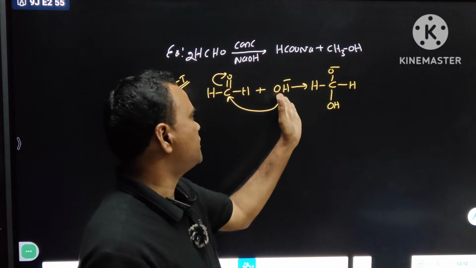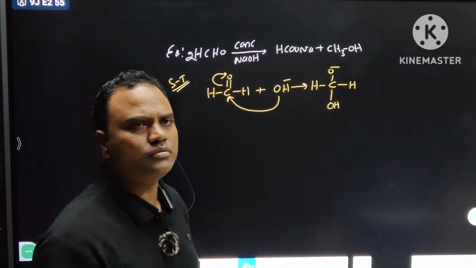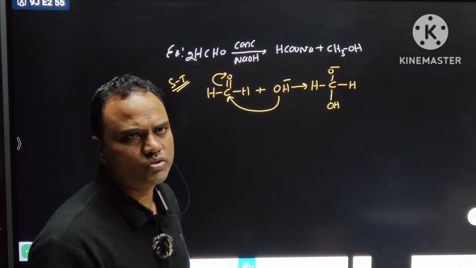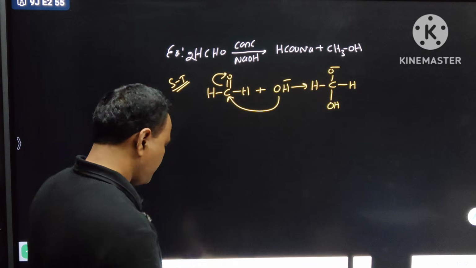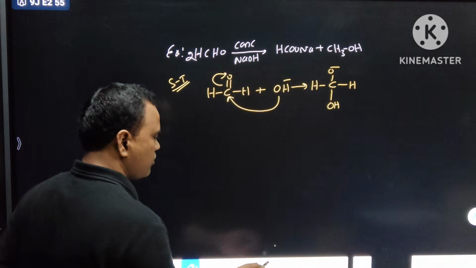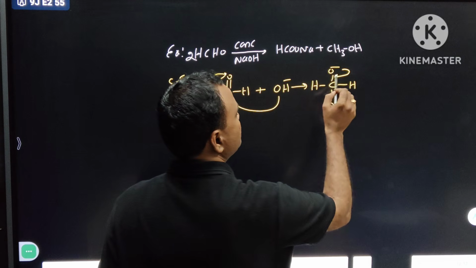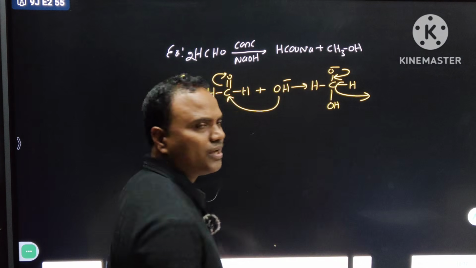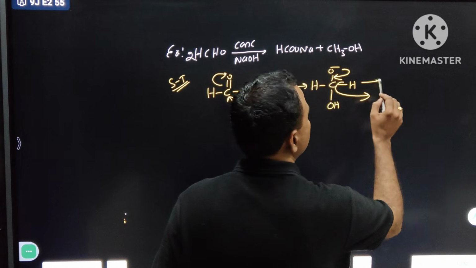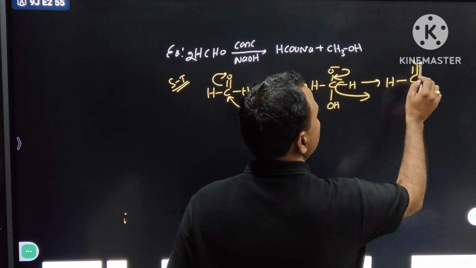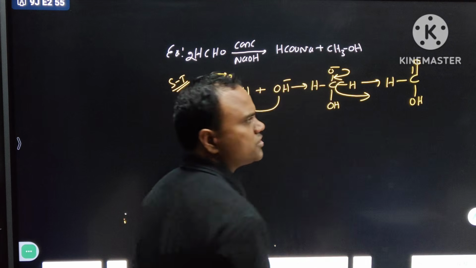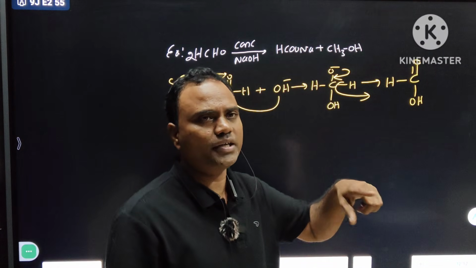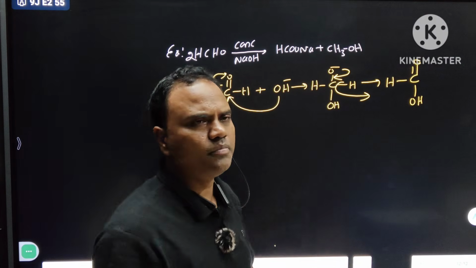In step 1, the OH minus nucleophile adds to carbon, and the pi bond shifts onto the oxygen atom. Now this negative charge shifts in between these two as a bond. At that time, hydrogen leaves as H minus to give HC double bond OH. A carboxylic acid is formed, but due to basic conditions, it will exist as the salt. I have given HCOONa, or you can keep it as it is.